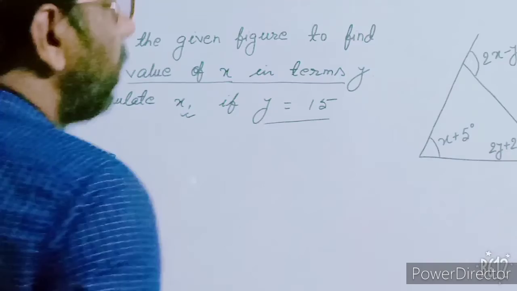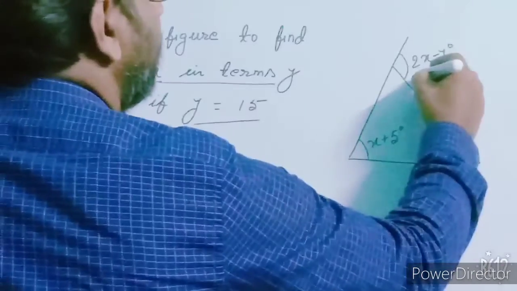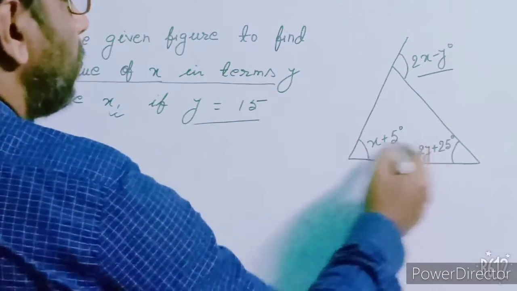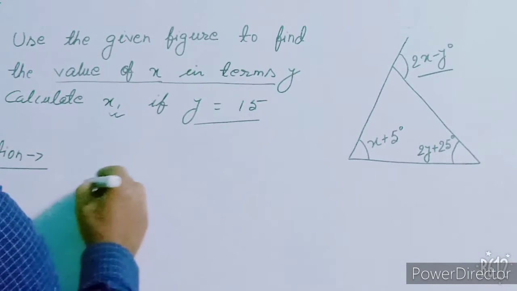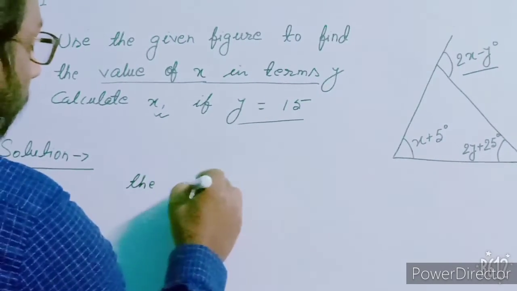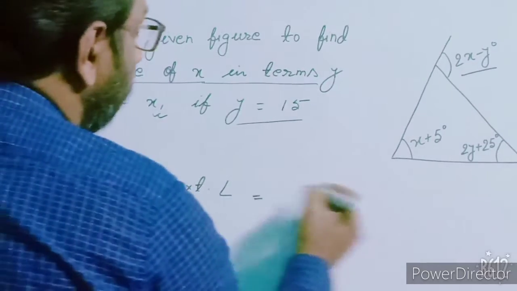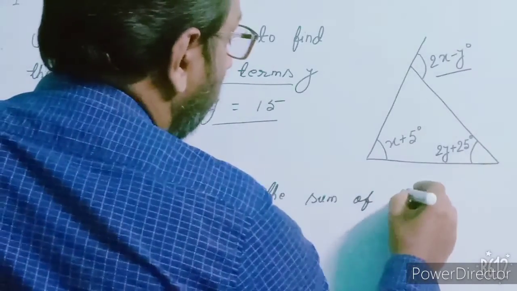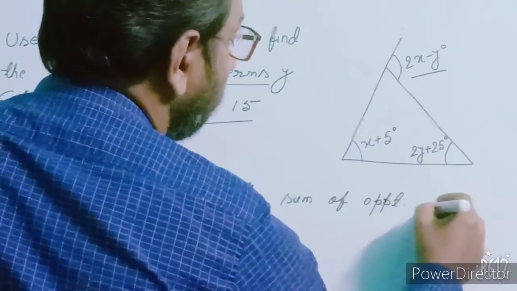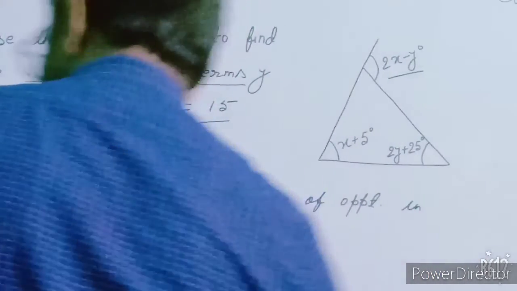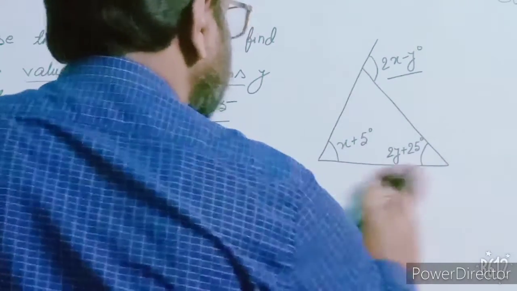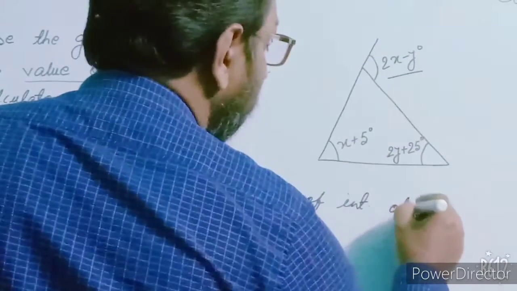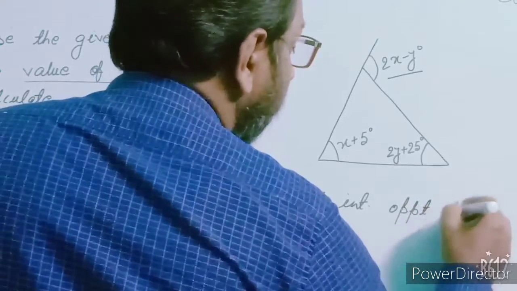We can say exterior angle is equal to the sum of the interior opposite angles.